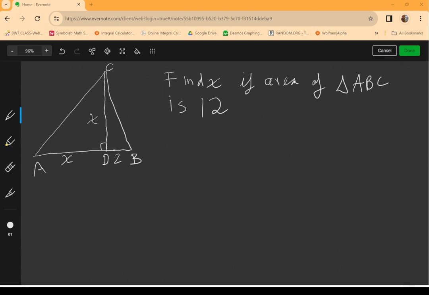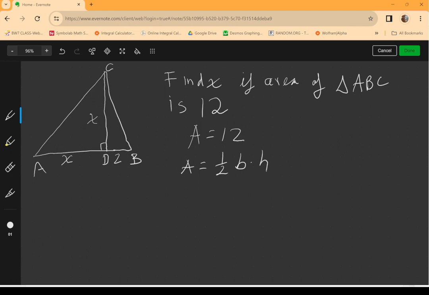So we know what the area is equal to. We know the area is 12. We also know the area formula for our triangle is 1/2 base times height.